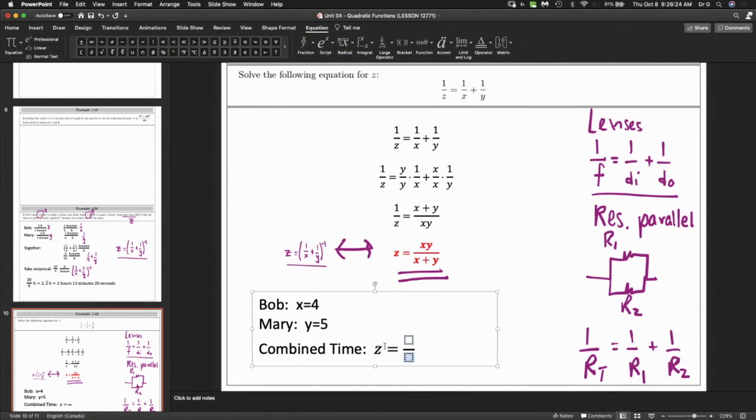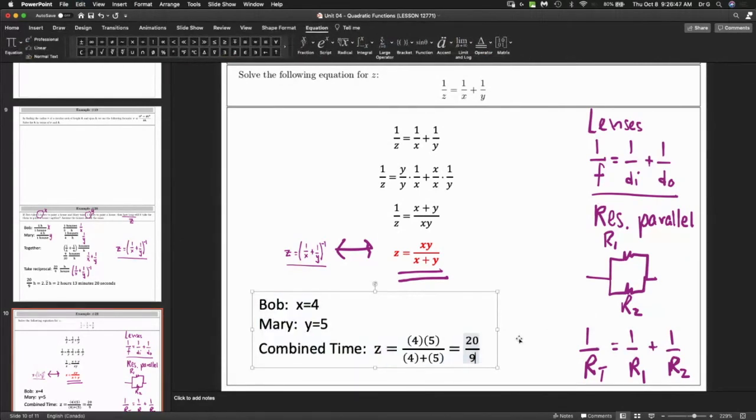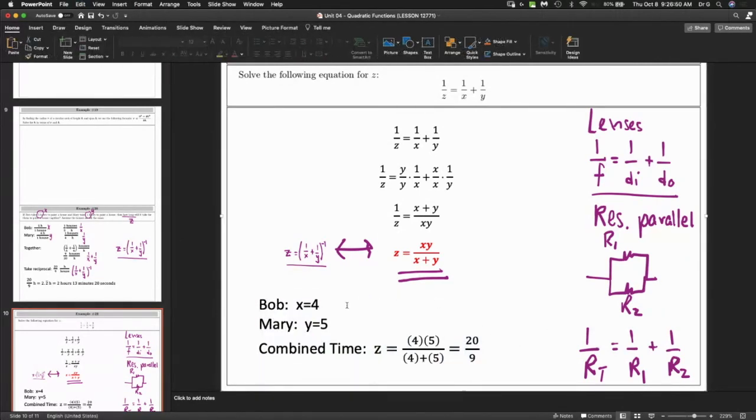Z equals 4 times 5 over 4 plus 5, which is 20 over 9. There you go. 20 over 9. You see how it's the answer we had earlier. So if that doesn't amaze you, I hope it does, but I think it's pretty awesome.